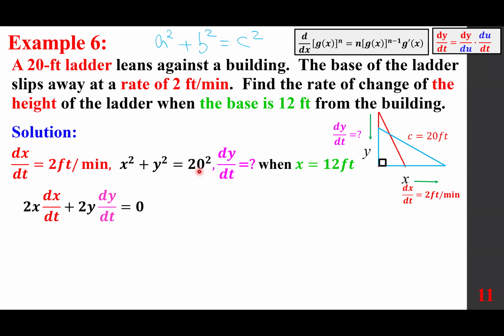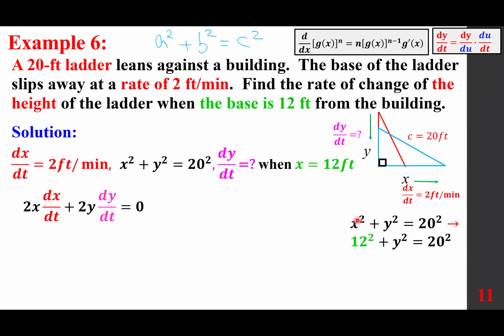So we want to find dy/dt when x is 12. So we have the x, we have the dx/dt, but what is y when x is 12? We must plug in and calculate.